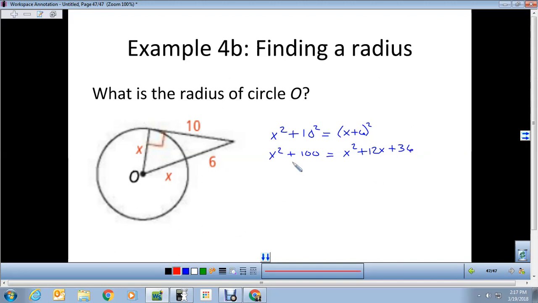So the x squareds are going to cancel. We're going to move the 36 over.